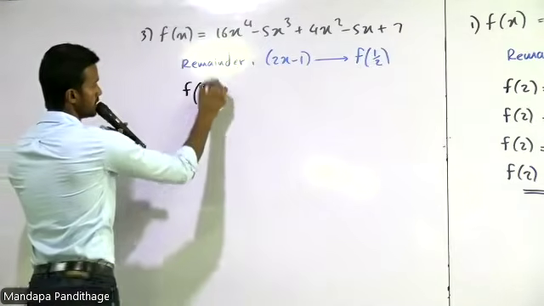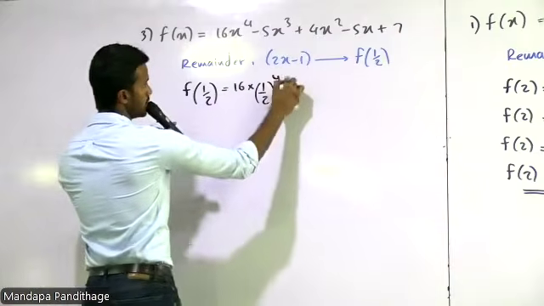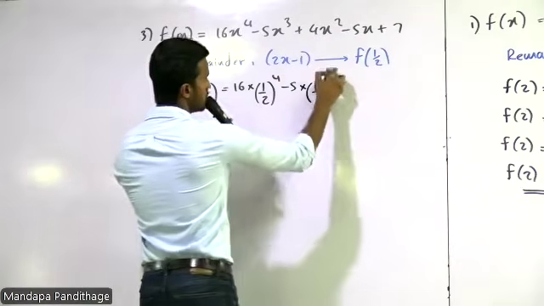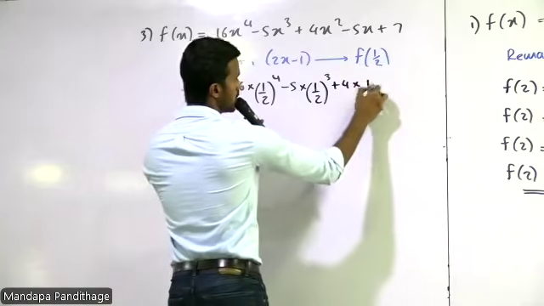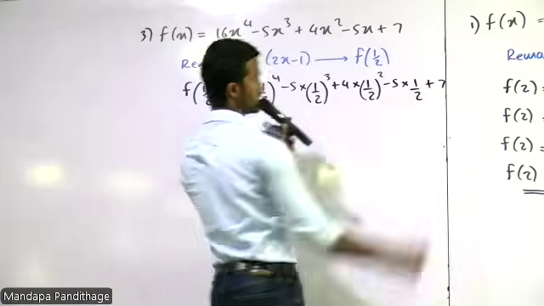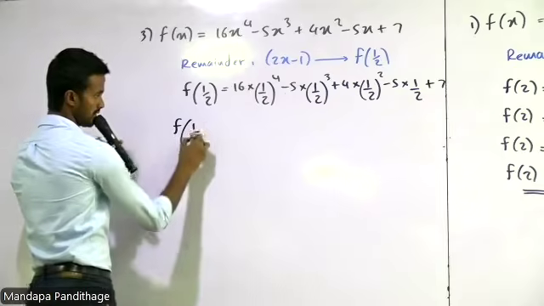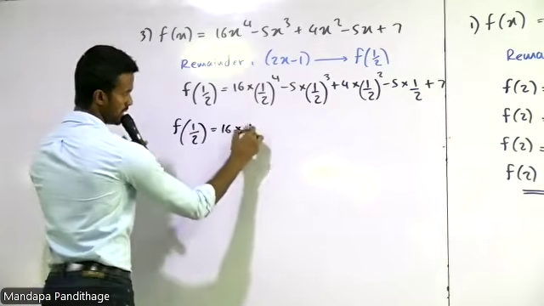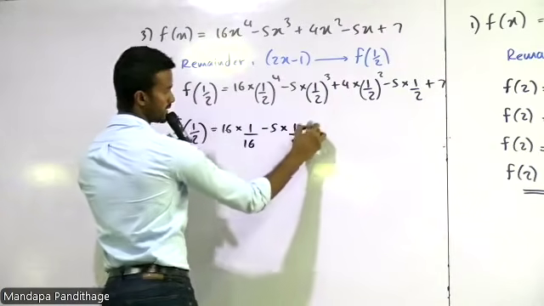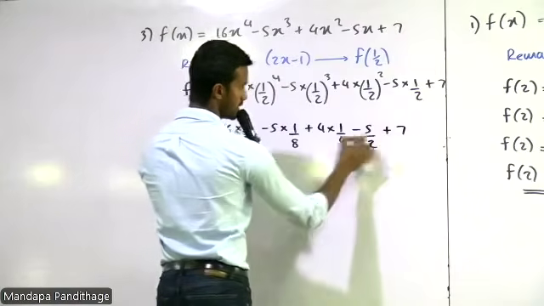What is f(1/2)? 16 into half to the power 4, minus 5 into half cubed, plus 4 into half squared, minus 5 into half, plus 7, and you are supposed to simplify this. 16 into 1 over 16, minus 5 over 8, plus 4 over 4, minus 5 over 2, plus 7.